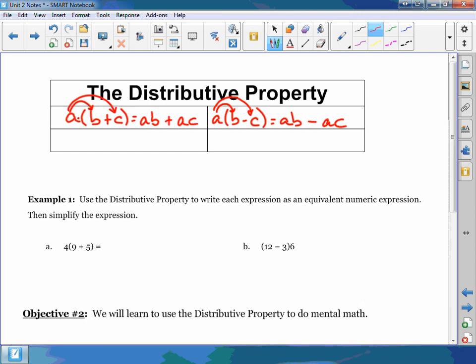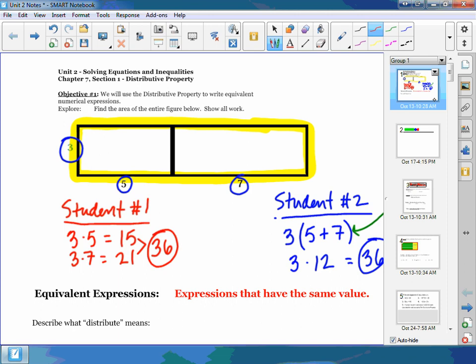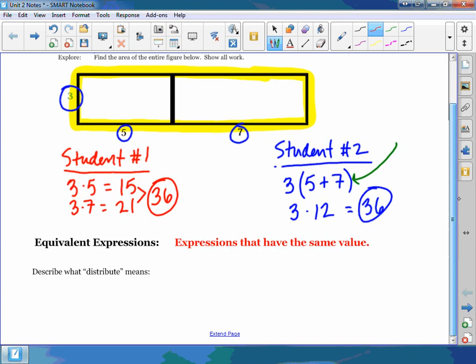Okay, think back to what we did back here with number 2. This is very similar. In this expression here, one way to look at this would be to follow the order of operations, which this person did, and just said, all right, 5 plus 7 is 12, and then I'll take 3 times 12. Or you could look at it through the lens of the distributive property, which is kind of what student number 1 did.